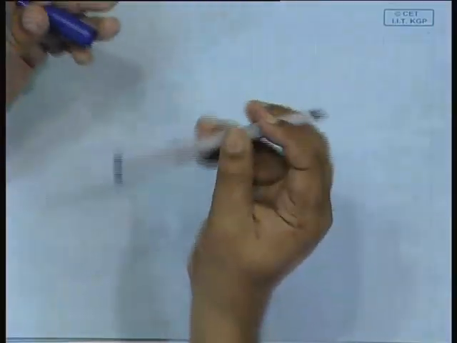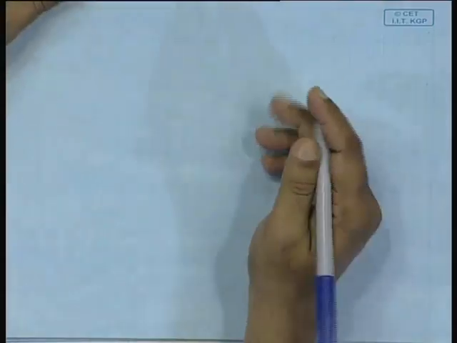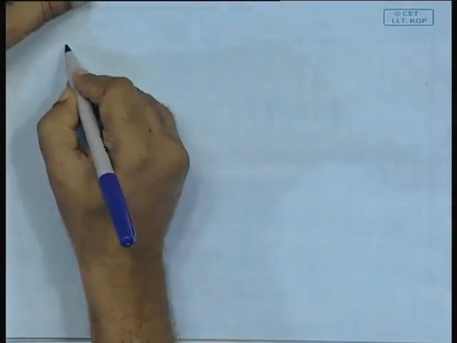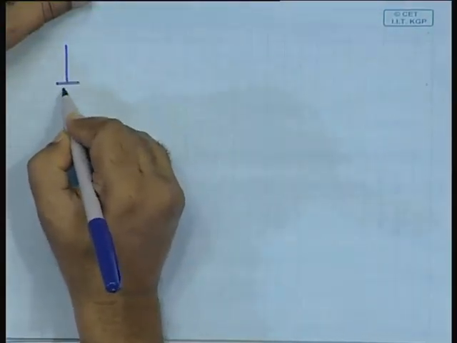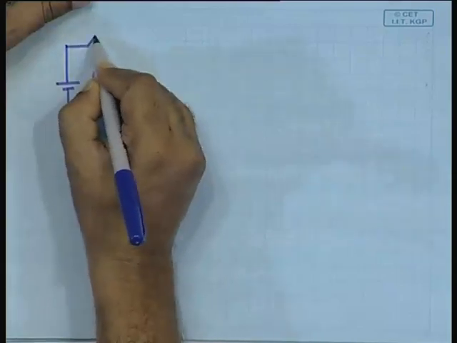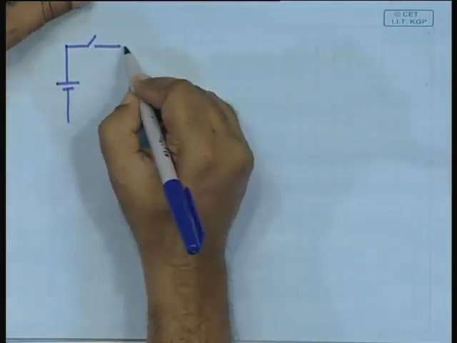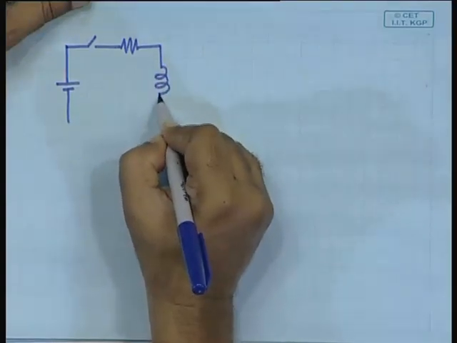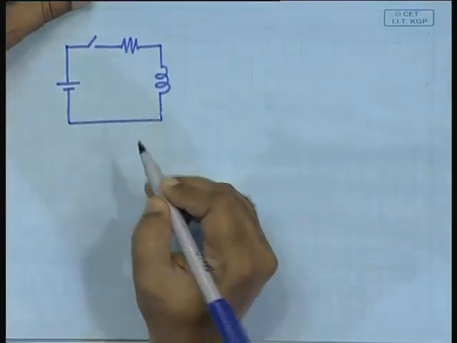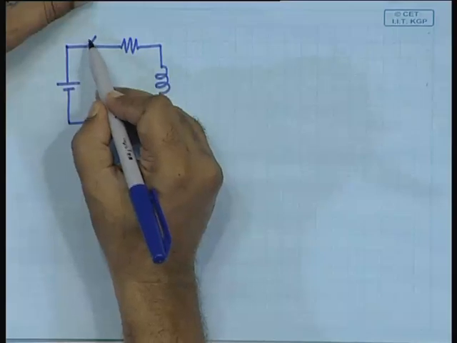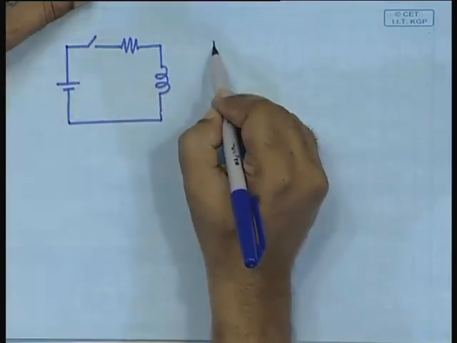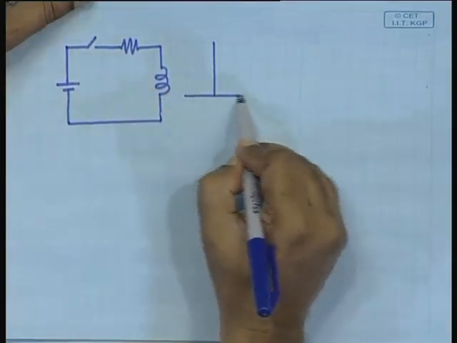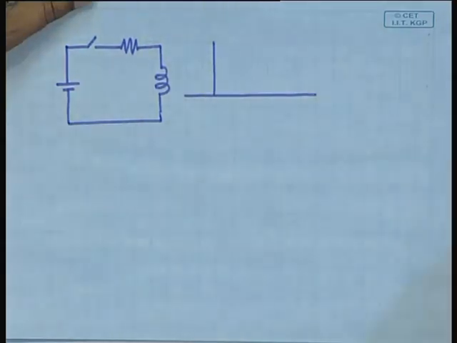Let us take an example circuit. For example, if you have a circuit something like this, a battery connected with a switch to an RL circuit. If this switch is closed, the applied voltage will be what?